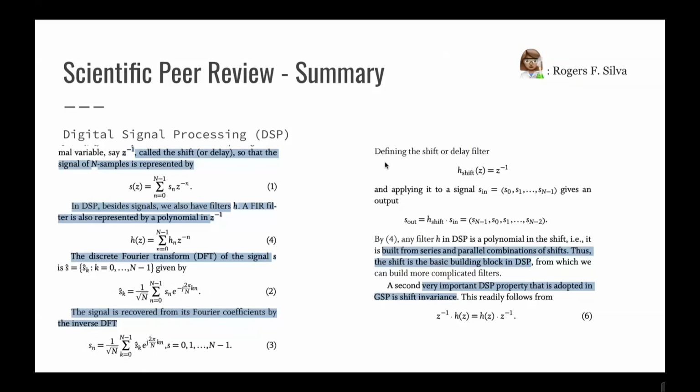So this is the traditional DSP approach, and the shift operator can also be seen as a delay filter. As with any other filter, you apply it to data by multiplying the shift at each time point with the input data, and you get the output.